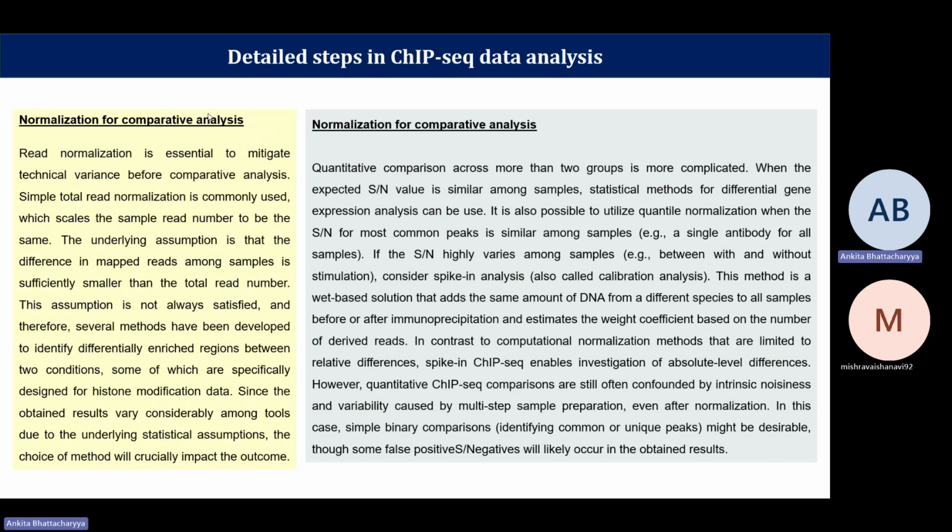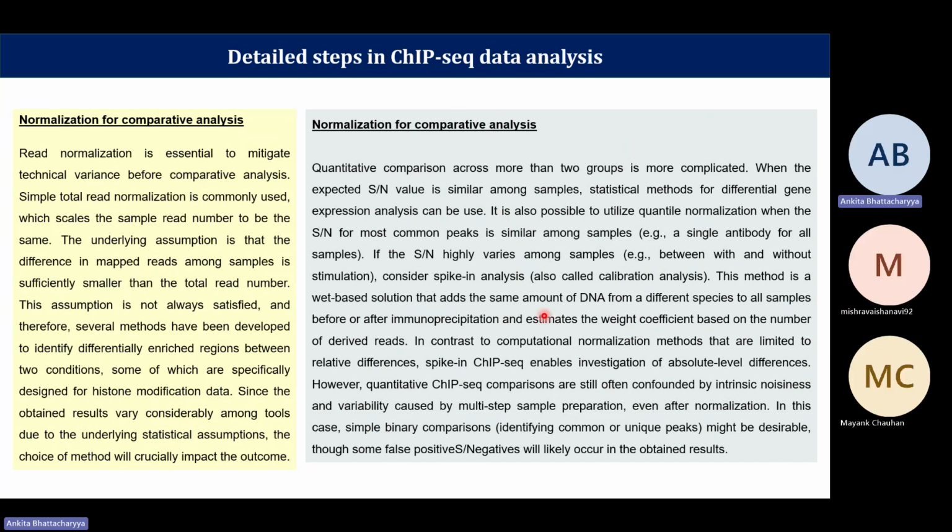Quantitative comparison across more than two groups is a lot more complicated. When the expected signal to noise ratio is similar among different samples, you will see that for differential gene expression analysis, statistical methods can be used. It is also possible to utilize quantile normalization when the signal to noise ratio for most common peaks is similar.